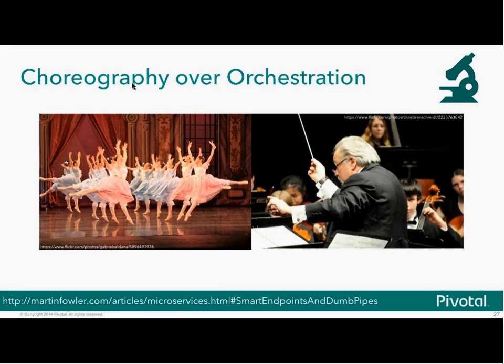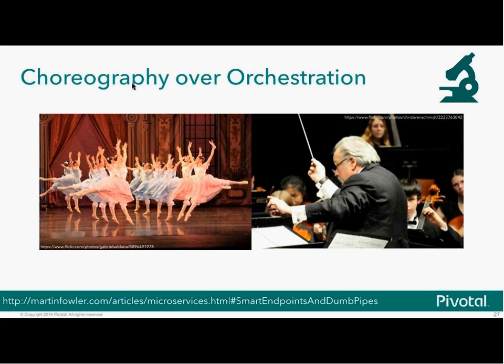So when you go to the orchestra, you have a director standing in front of the musicians that's telling them what to do. And he takes the place of the ESB in the services-based architecture, whereas when we look at the ballet, there is no central control during a performance, and the actual dancers have to adapt and in some cases change their behavior in order to have a successful performance.